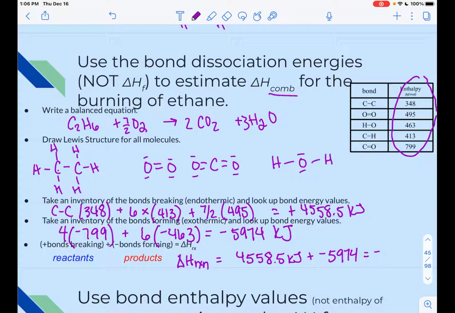So that comes out to be 1415.5 kilojoules per mole of ethane. Okay? So it's not a hard process once you get the hang of it. The only tricky thing here is that you need to figure out how many bonds of each type you have in a molecule, and then make sure that you multiply by the coefficient of that as well.